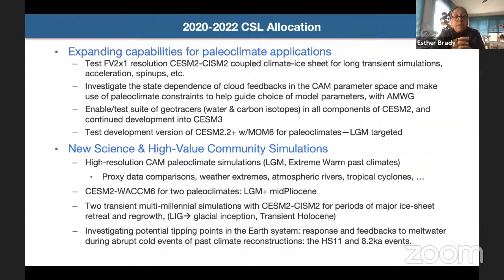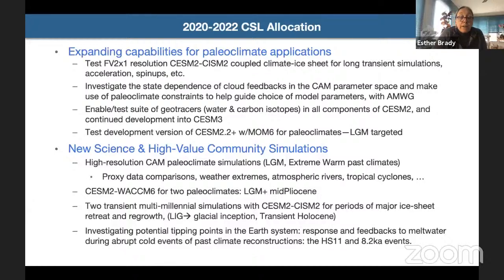In particular, for expanding capabilities, we are planning to test the lower resolution of the CESM2 coupled to the ice sheet model to be able to simulate long multi-millennial transient simulations and explore different acceleration and spin-up techniques.